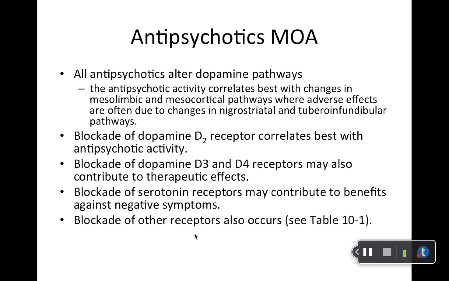Okay, so now just an overview here with the antipsychotics mechanism of action, MOA. You guys are responsible to go through and study the mechanisms of action for all the ones I've listed. But in general, I felt like this slide helps in the sense that when you're talking about antipsychotics, you need to be thinking about dopamine and you need to be thinking about serotonin. That's basically the take-home point.